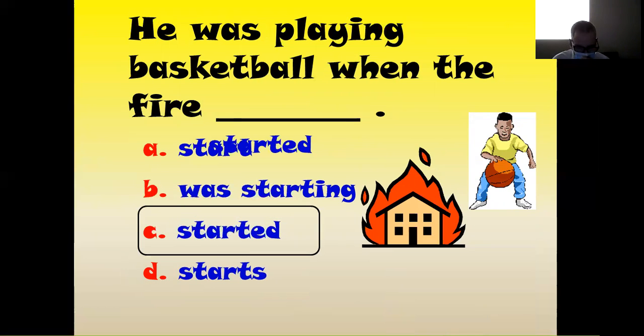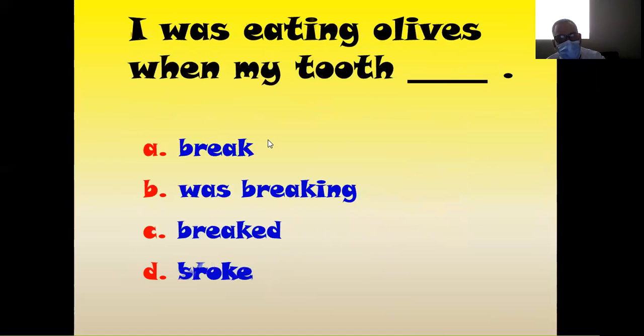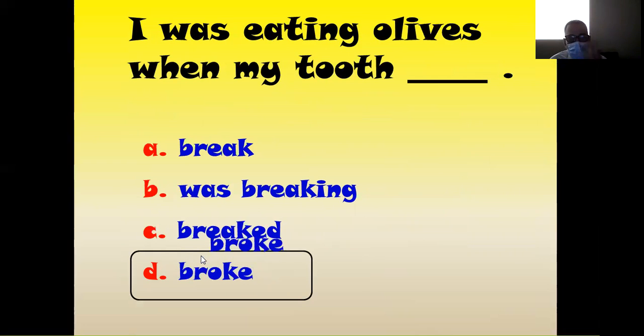I want to say something. Don't use some verbs in the continuous form, like love, hate, and so on. We will have a video about this separately. I was eating olives. My tooth broke. He was eating. It happens, frankly, from time to time.